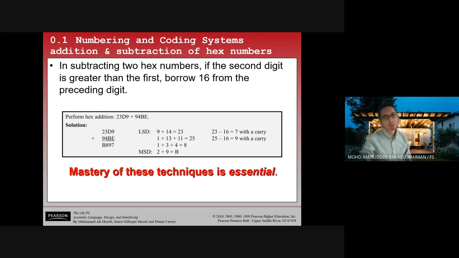Now if you want to do the subtraction, if the second digit is greater than the first, then you need to borrow 16 from the preceding digit.